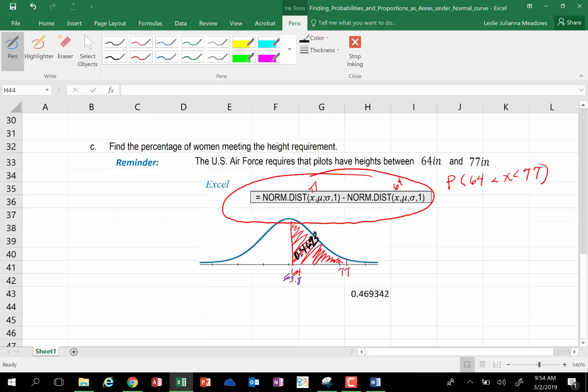So in this case, we would multiply 1,000 by 0.469342, and we would see that approximately 469 women would be expected to meet the height requirement out of 1,000.